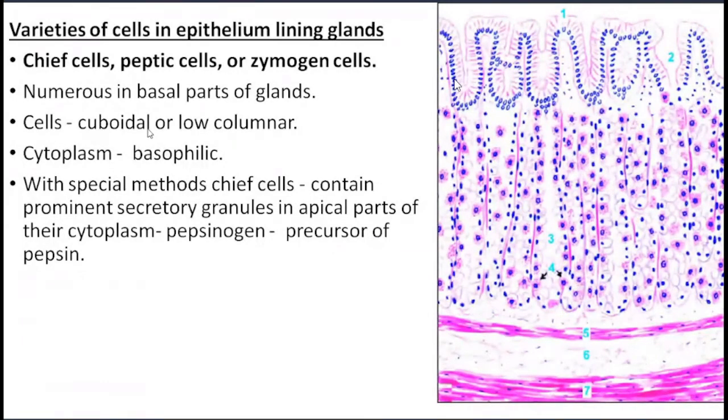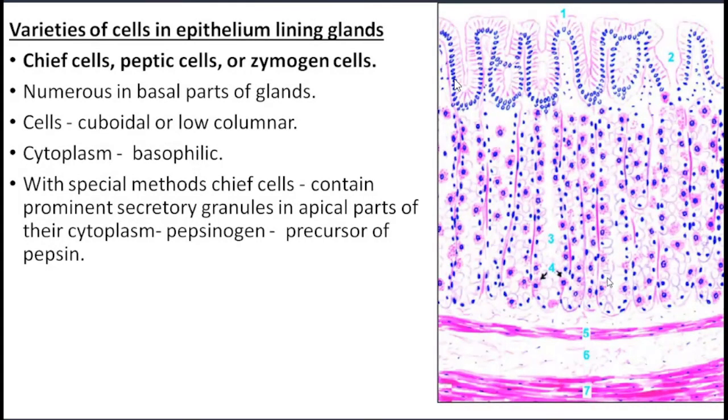Here you can see the cytoplasm is basophilic. You can see the large blue cells here. These are the chief cells, or peptic cells, or zymogen cells, and the cytoplasm is basophilic.